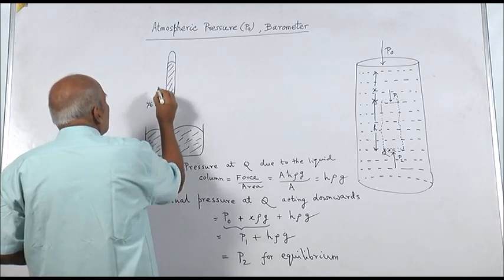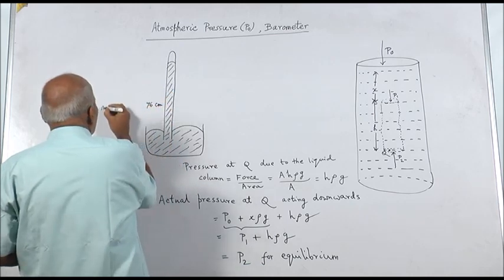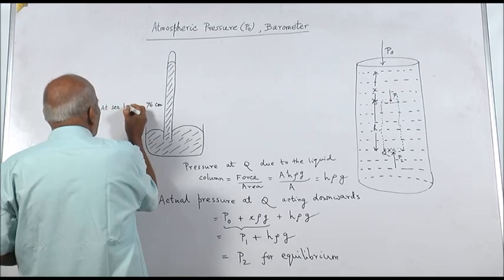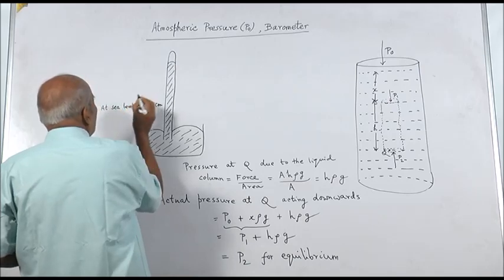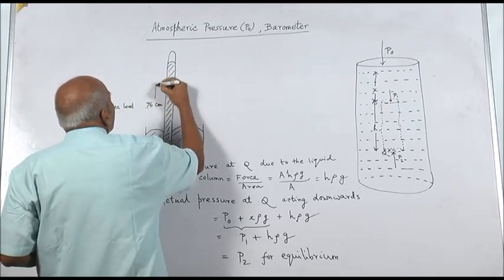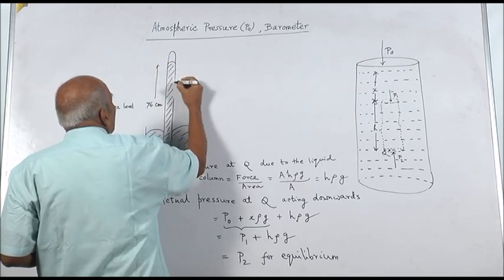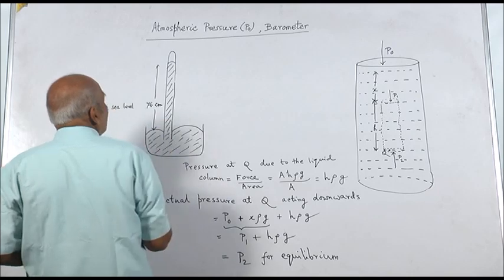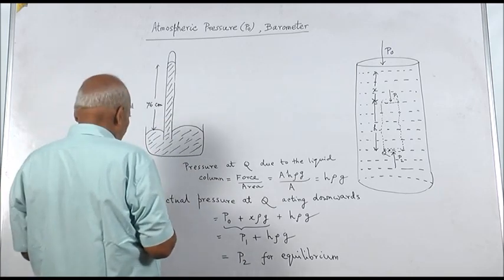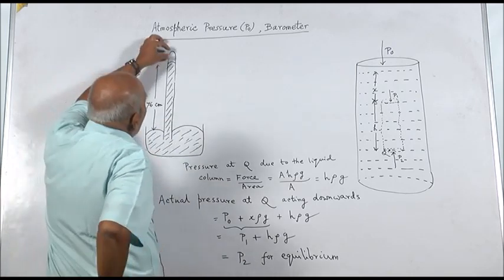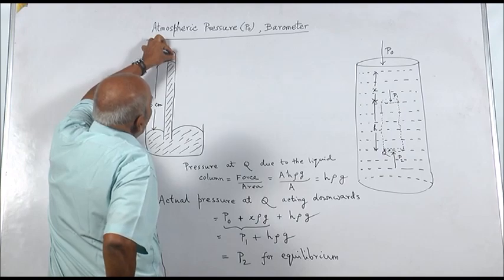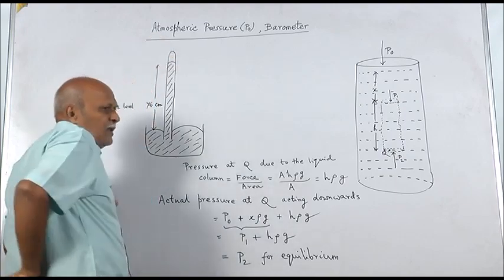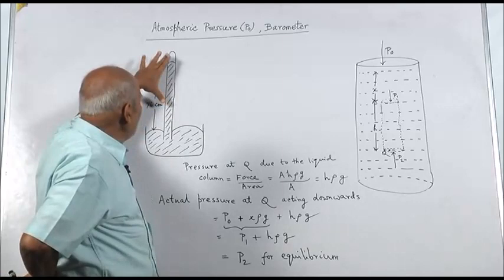And at sea level, during normal times, this height became 76 centimeter, and this part is called Torricellian vacuum, because it was completely full.